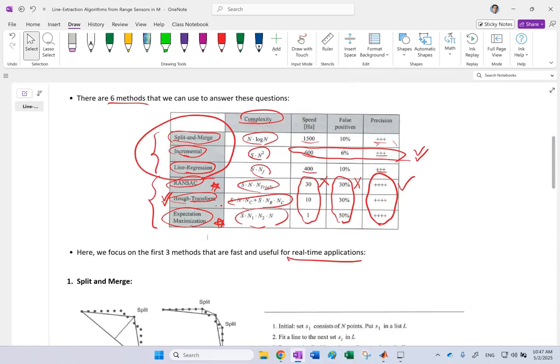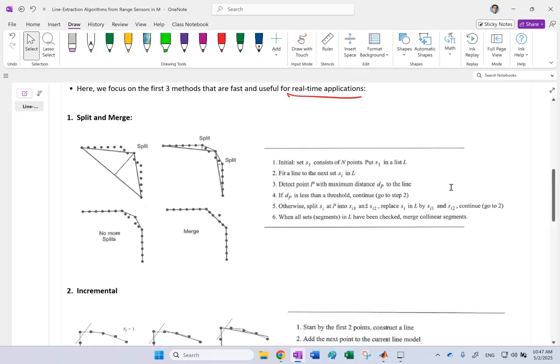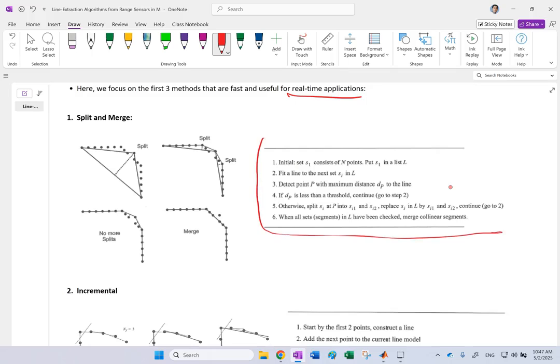So what do we have? Split and merge. How does this algorithm work? So let's say here you have this bunch of data. How would you split and merge? This is the overall algorithm written in English, but in general, the first thing is you have to decide n, the number of points that you want to put in a line.